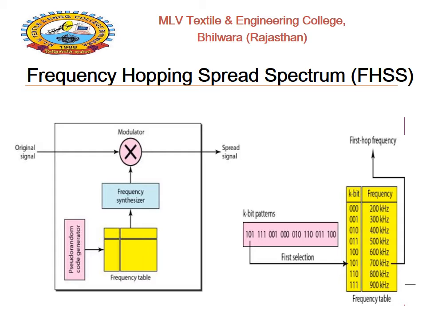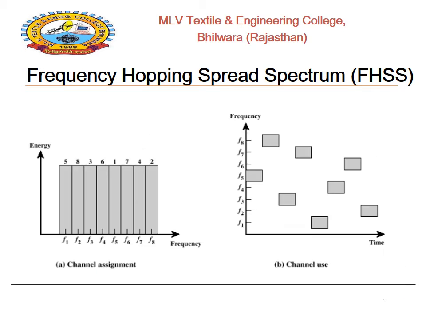The pseudo random code generator generates a particular code of 3 bits from 000 to 111, and these codes are related to particular frequencies. These frequencies, from 200 kilohertz to 900 kilohertz, are allocated in the frequency table, and according to the code, the particular frequency is given to the frequency synthesizer, and the frequency synthesizer provides the particular frequency to the modulator. That is the specific operation of the frequency hopping spread spectrum modulation technique.